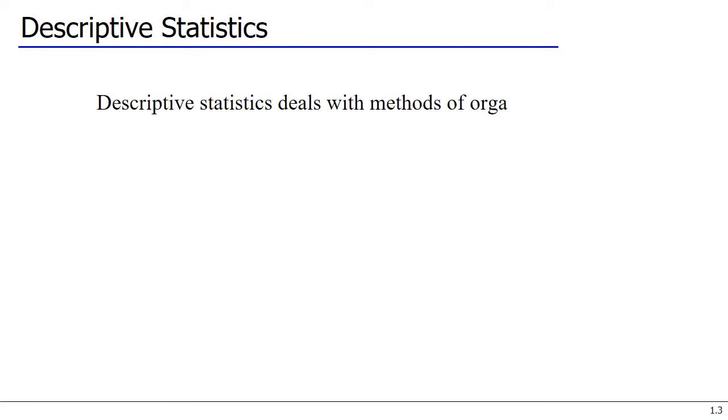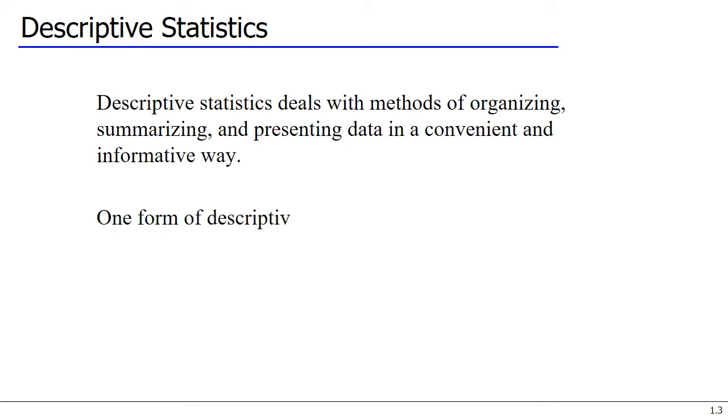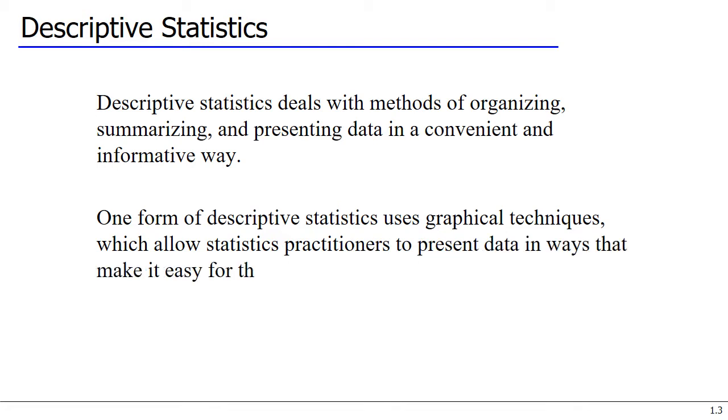Last time we talked about descriptive statistics. Descriptive statistics deals with the method of organizing, summarizing, and presenting data in a convenient and informative way. One form of descriptive statistics uses graphical techniques, which allow statistics practitioners to present data in a way that makes it easy for readers to extract useful information.